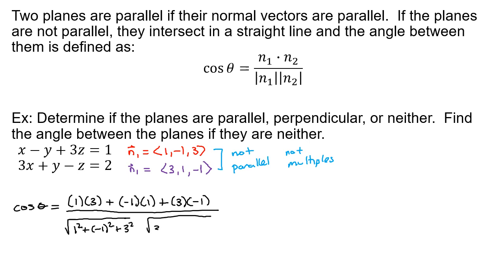For the second vector, I'll have a 3 squared plus 1 squared plus -1 squared, which is actually the same thing from the first vector. So on top, you'll get 4 minus 1 minus 3. And underneath, you'll get 3 squared is 9, 10, 11. But it really doesn't matter what's underneath because 4 minus 1 is 3 minus 3 is 0.